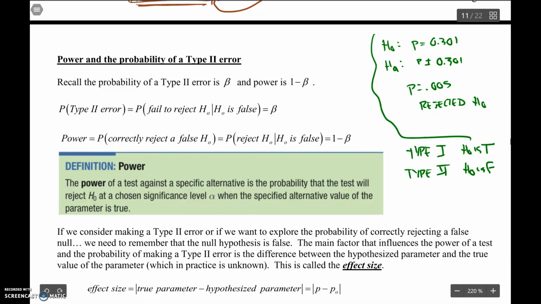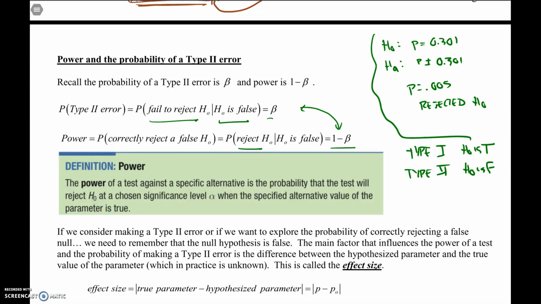So a type 2 error is a probability that you fail to reject the null whenever the null is false. That's beta. Power is a probability you correctly reject the null when you were supposed to. So power is a probability that you reject the null when the null is false, and that's going to be 1 minus beta. These are going to be complements because they're conditioned off of the same statement, okay?